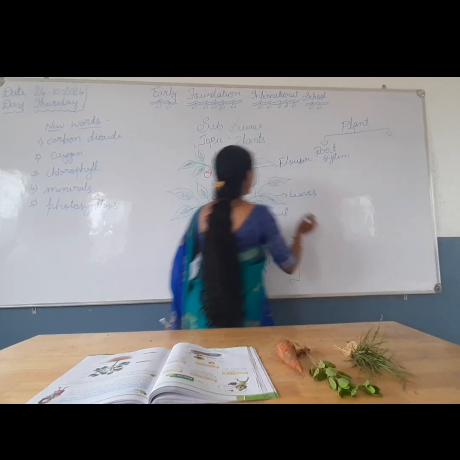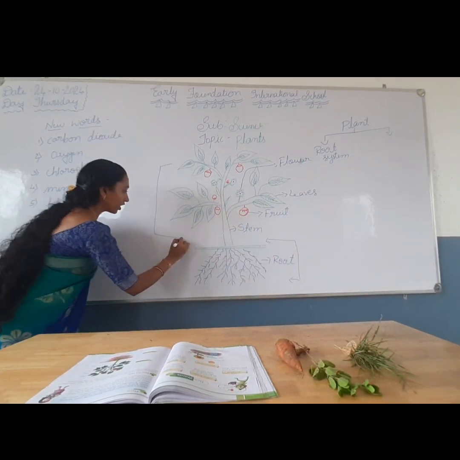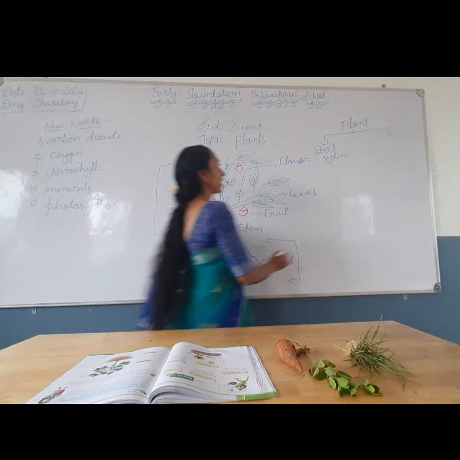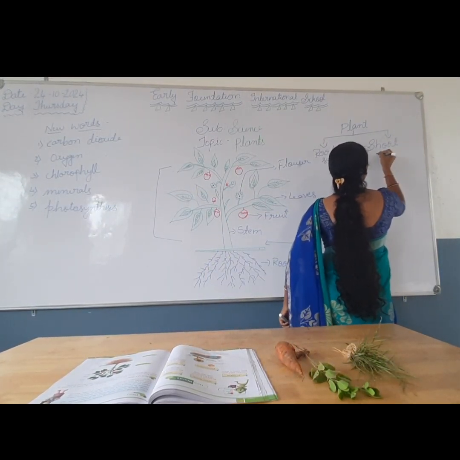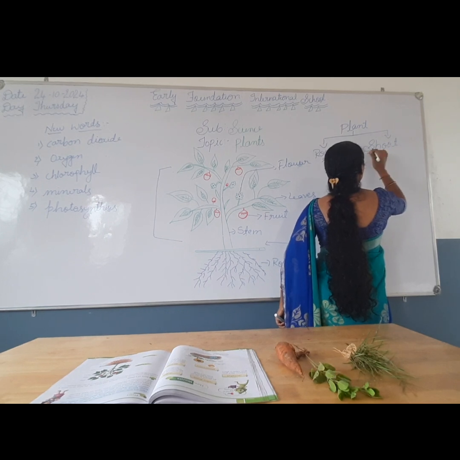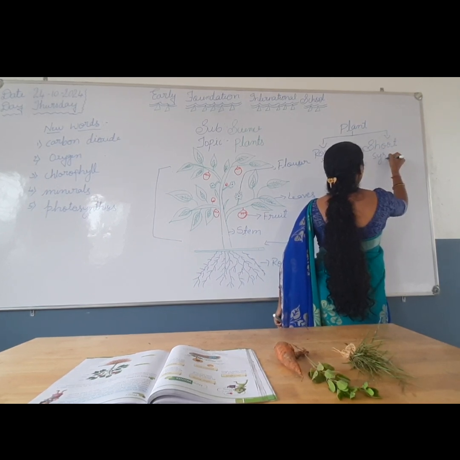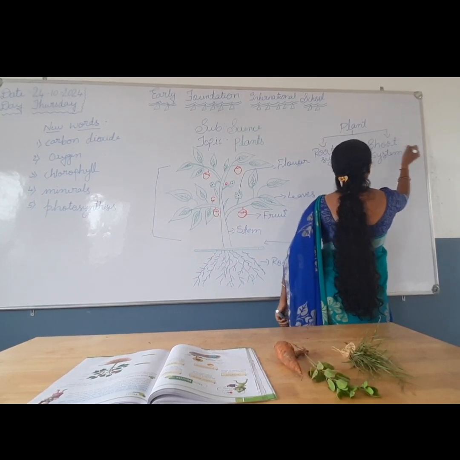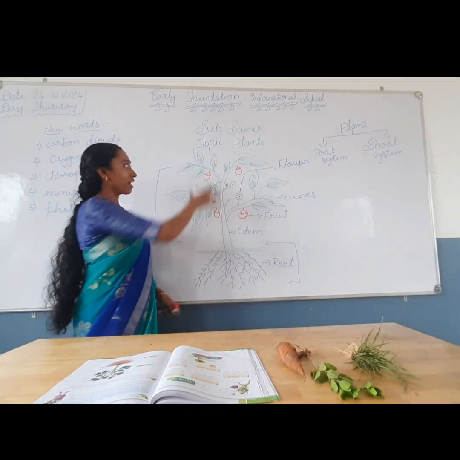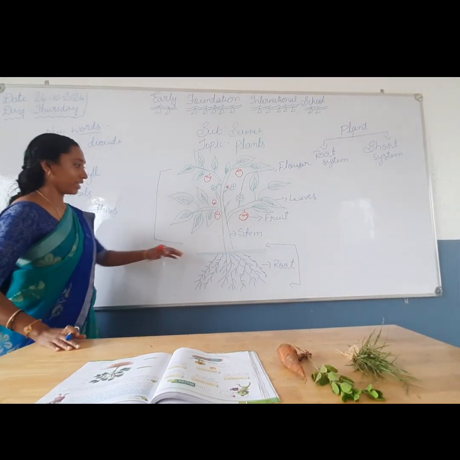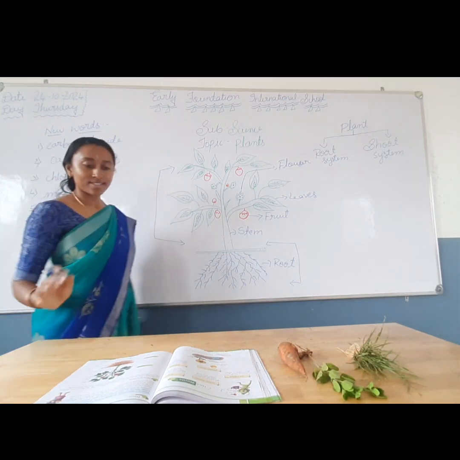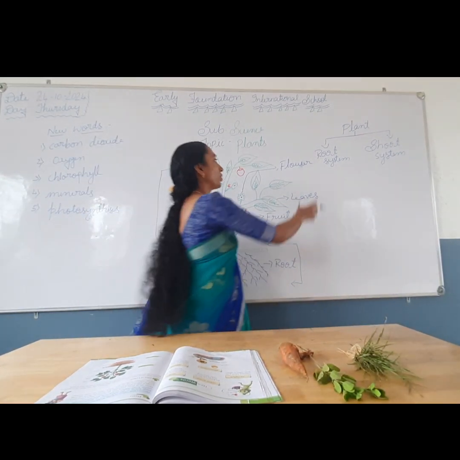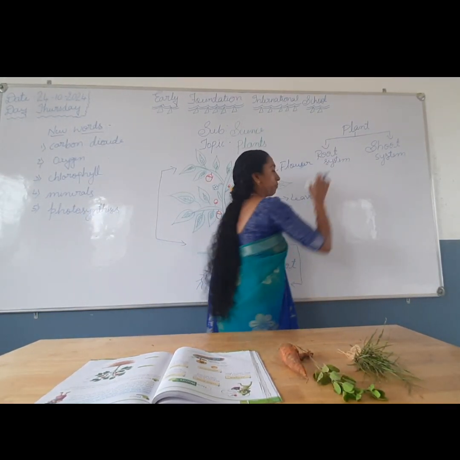And next one, from here to here till the stem, we call the shoot system. S-H-O-O-T, shoot system. In plants there are two parts, that is root system and shoot system. Understand, children? First we'll go through the root system.